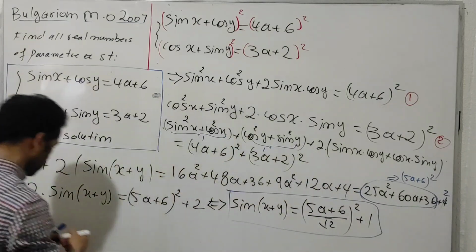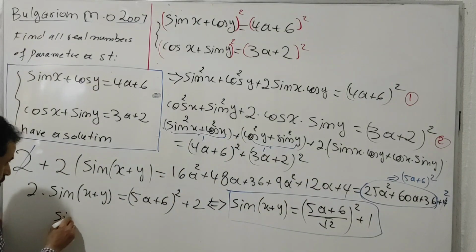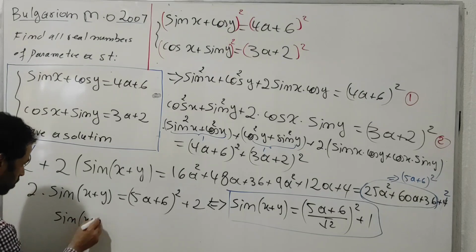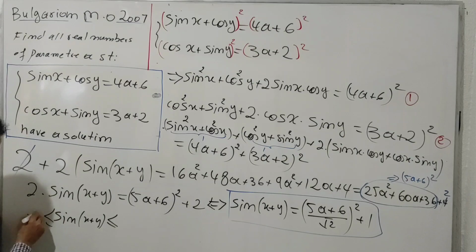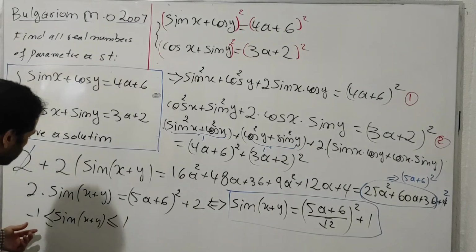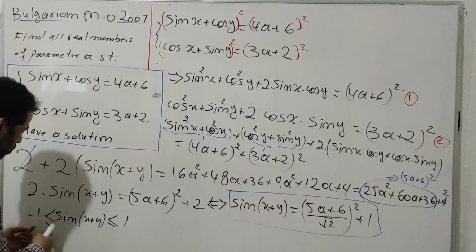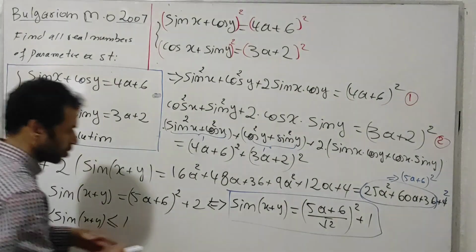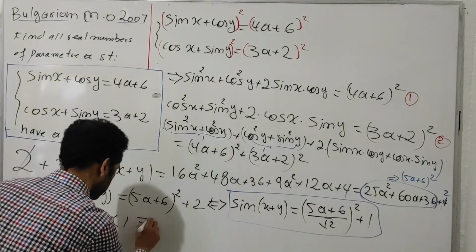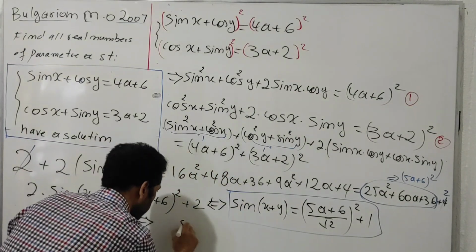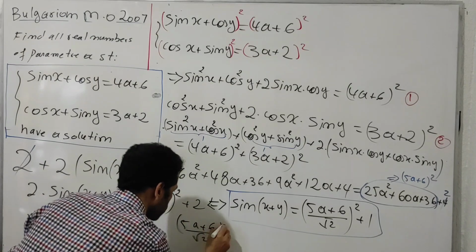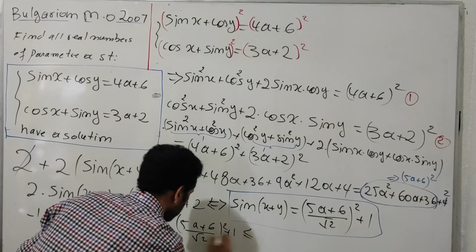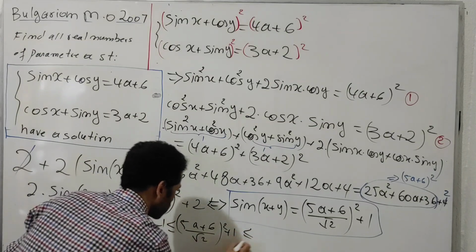Now this value, sine of x plus y, is between -1 and 1. We always know sine of x plus y is between -1 and 1. So that implies this term, 5a plus 6 over square root of 2 squared plus 1, must be between -1 and 1.